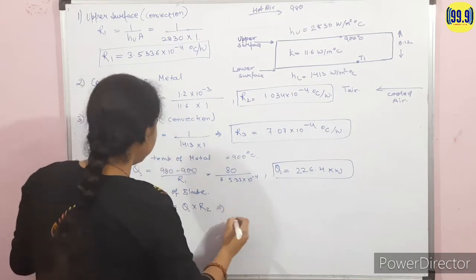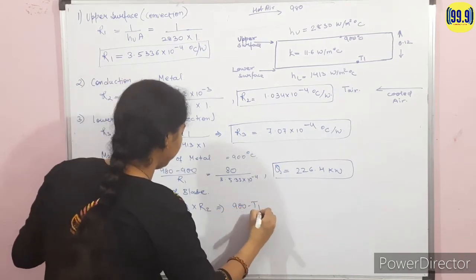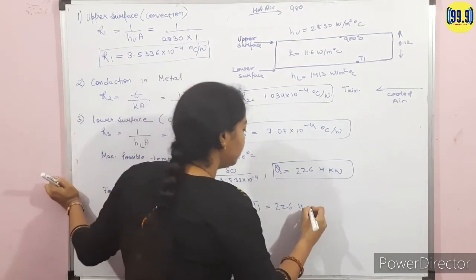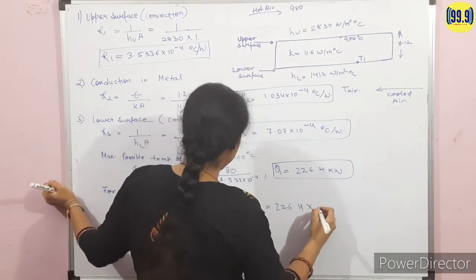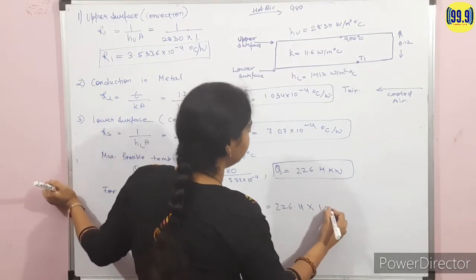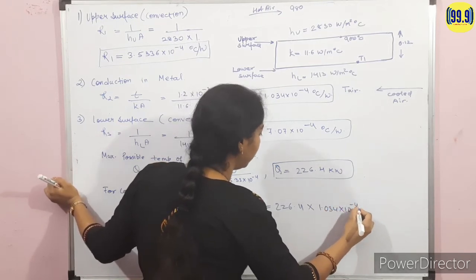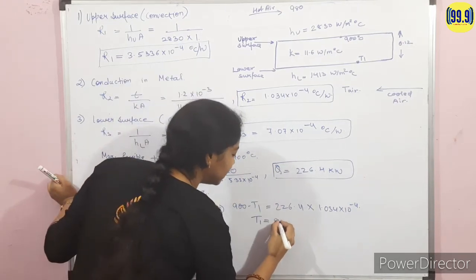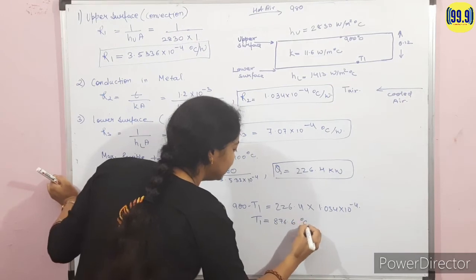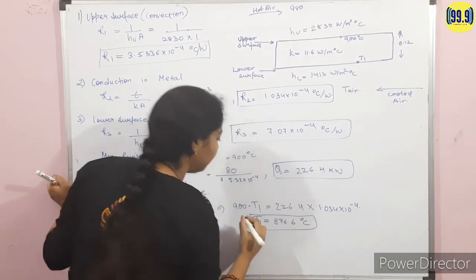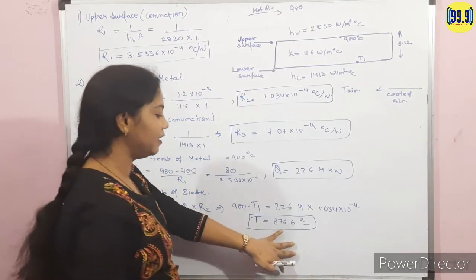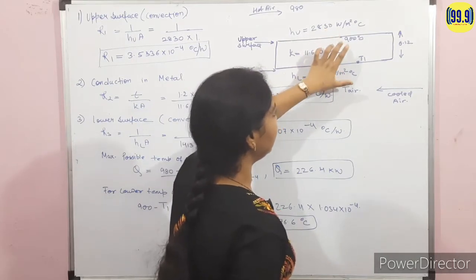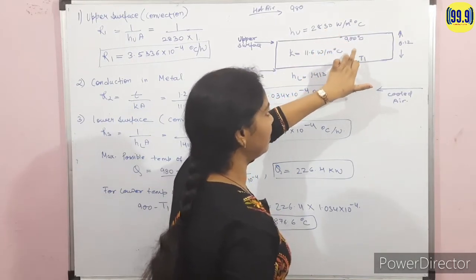After putting all the values, 900 minus T1 is equal to 226.4 kilowatt into the value of R2, which is 1.034 into 10 to power minus 4, and from here we got the value of T1, that is 876.6 degrees Celsius.